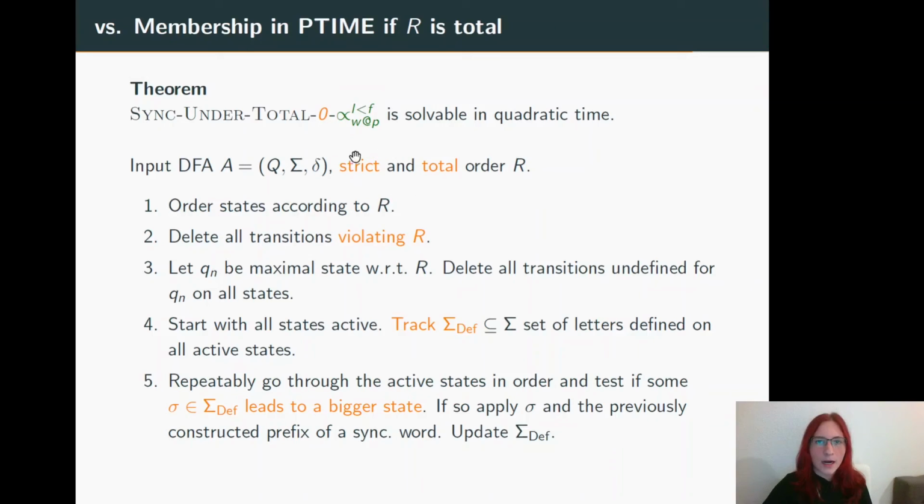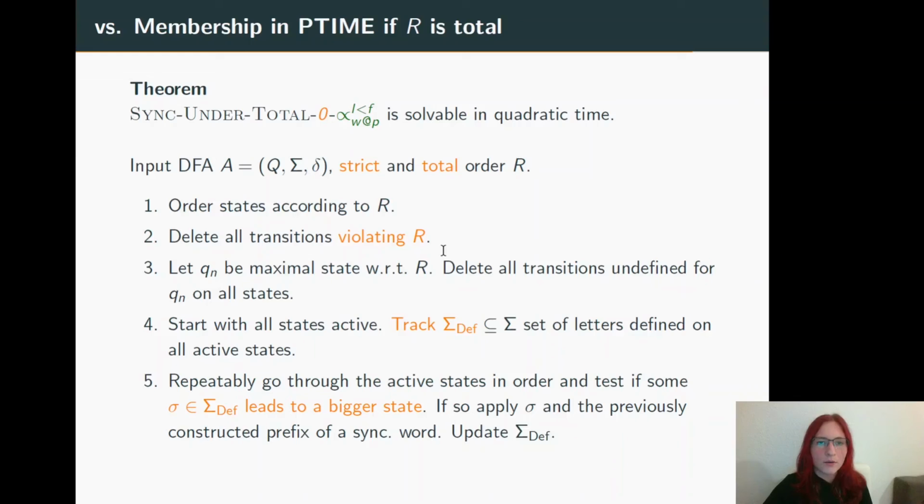Well, since R is a strict and total order, we can simply order the states according to R, and then we can delete all transitions which would violate the input relation R, because in the considered variant of the order, we cannot repair a forbidden state transition in the future as we can with comparing last positions.